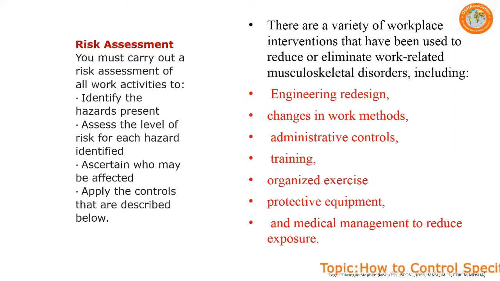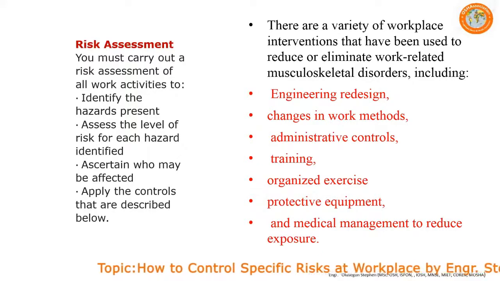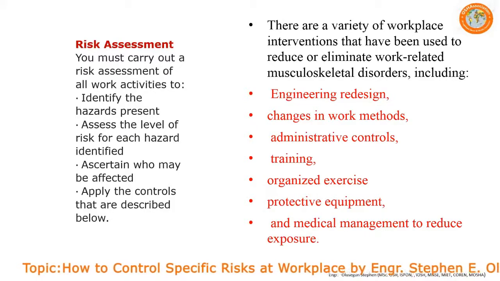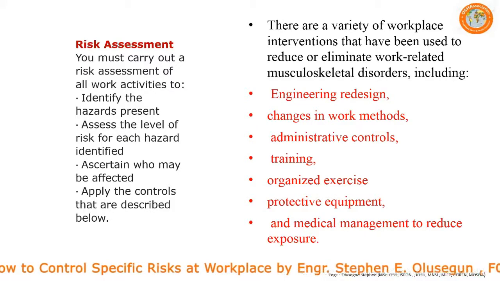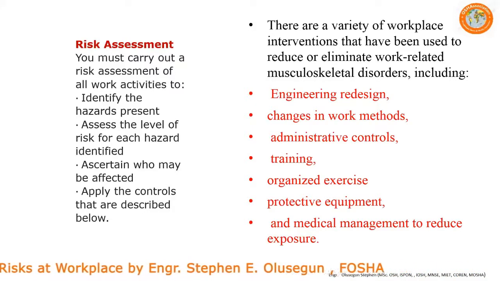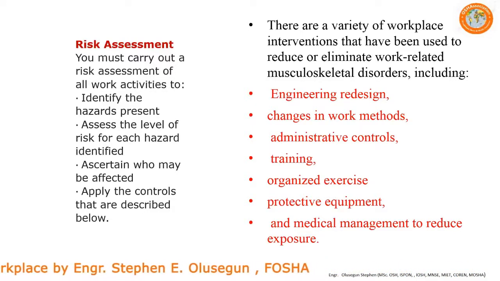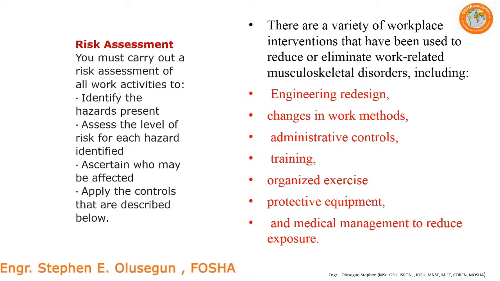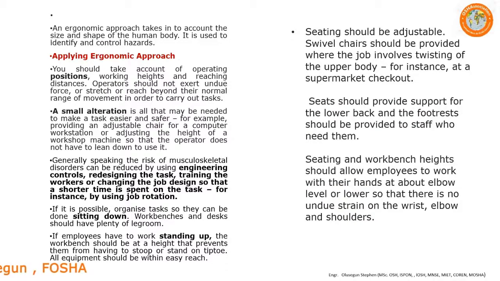There are a variety of workplace interventions that have been used to reduce or eliminate work-related musculoskeletal disorders, including engineering design, changes in work methods, administrative controls, training, organized exercise, protective equipment, and medical management, to reduce exposure.